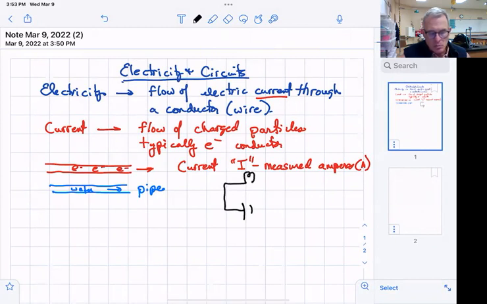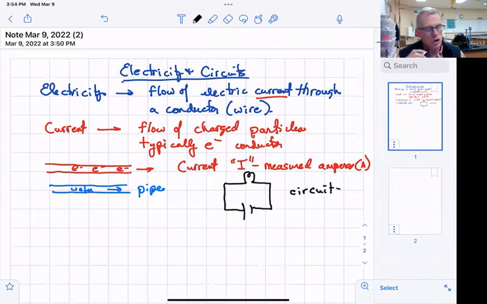That closed loop is called a circuit. And that circuit can be open or closed. For current to flow, you need a closed circuit.